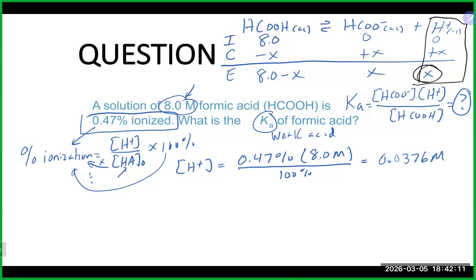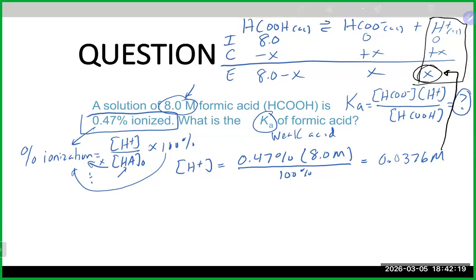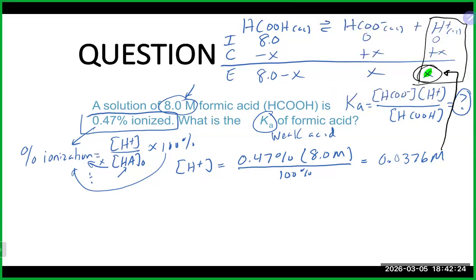So by doing my percent ionization, I have now found the H plus concentration at equilibrium. And that's pretty good because that does equal x. And because it is that x, it is the same x that we find here, and it's also the same x that we find here, as they are all basically the same thing.